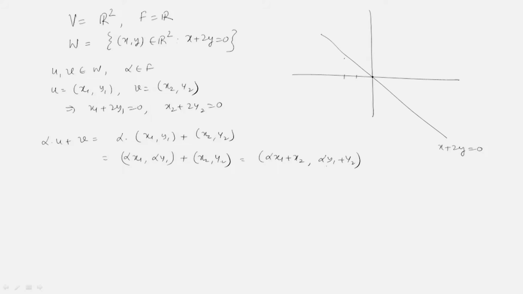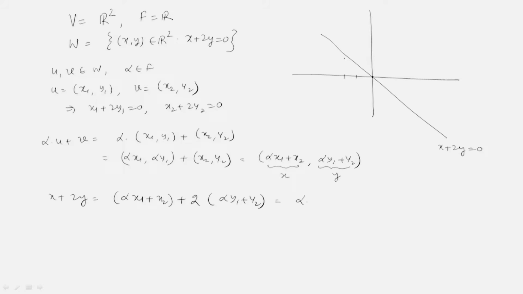Now, we have to show that this is in W. That means, this is x and this is y, and we have to show that x plus 2y must be 0; then only we can say that this element is in W. So, you can take x plus 2y. Now, x plus 2y is alpha times (x1 plus x2) plus 2 times (alpha y1 plus y2).